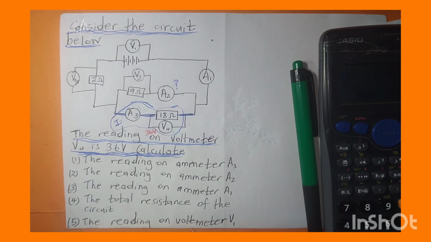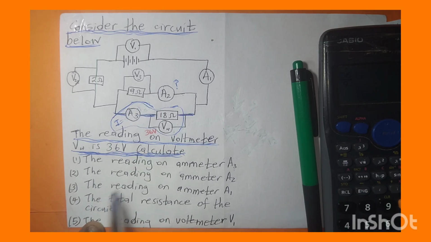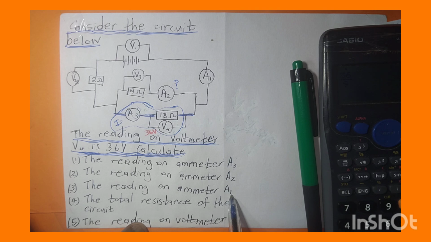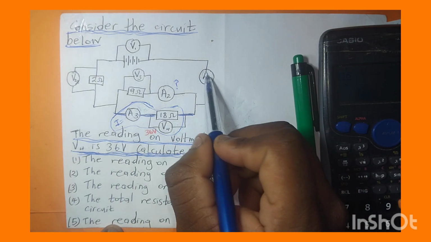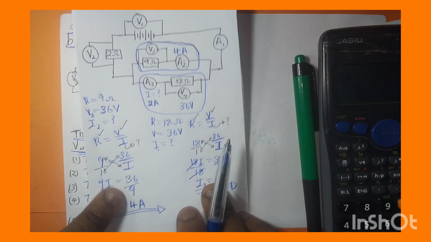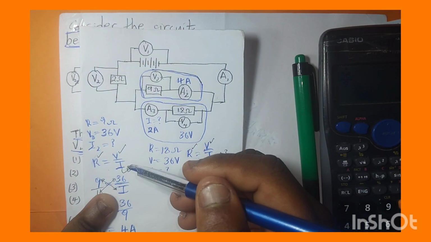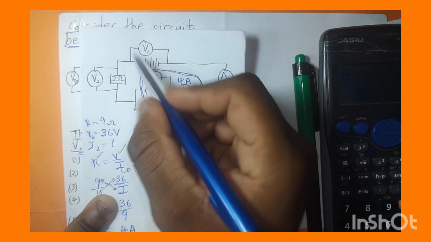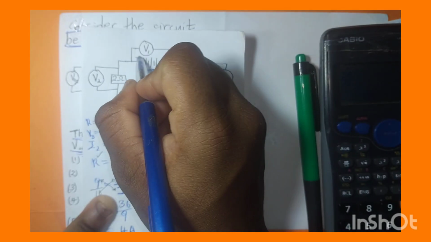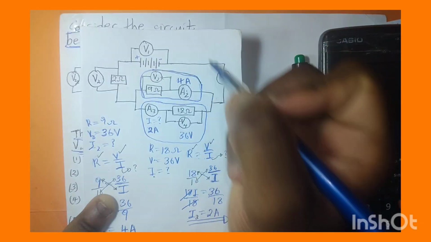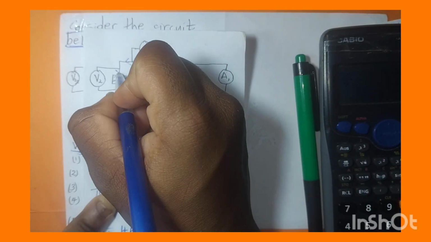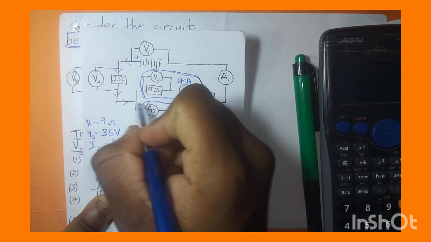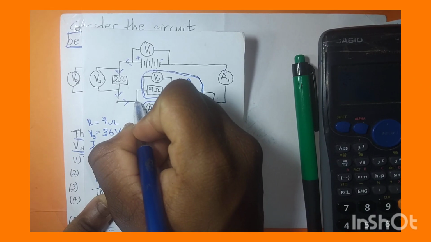The next question says, calculate the reading on ammeter A1. So for you to calculate the reading on ammeter A1, which is this one, you should understand the flow of current. How does the current flow? The way it flows, guys, it will move from positive to negative. So it will move here, then when it reaches this point, it will get divided.